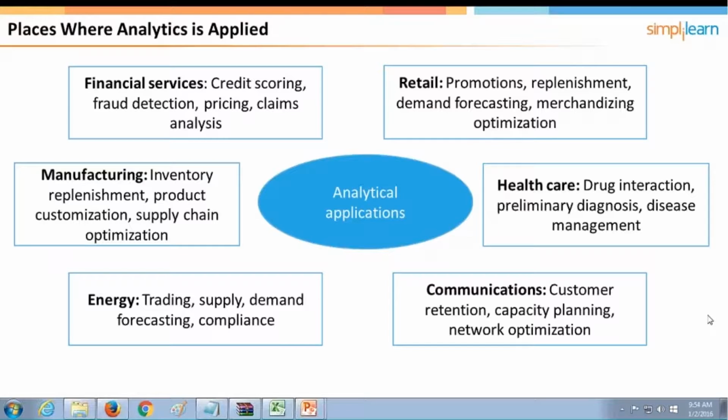How are we going to retain a customer? Now there is competition between the giant communication companies like Airtel or Aircel. Their first and foremost point is how they are going to retain my customer. If I'm using Vodafone, how likely am I to move to Airtel or Aircel?